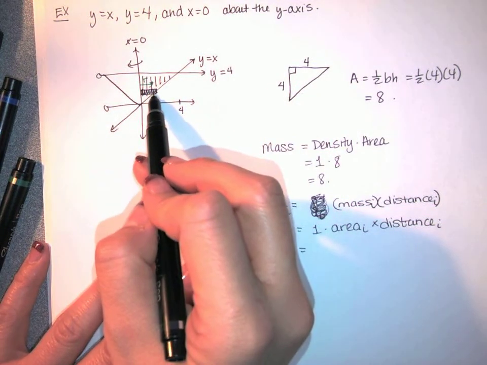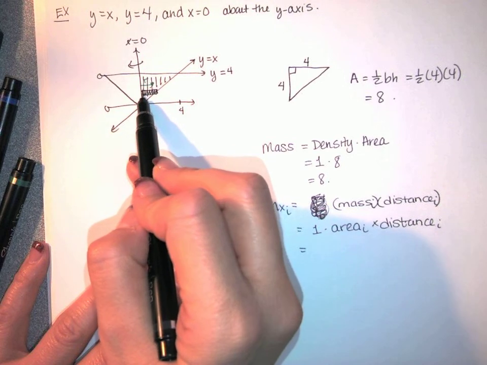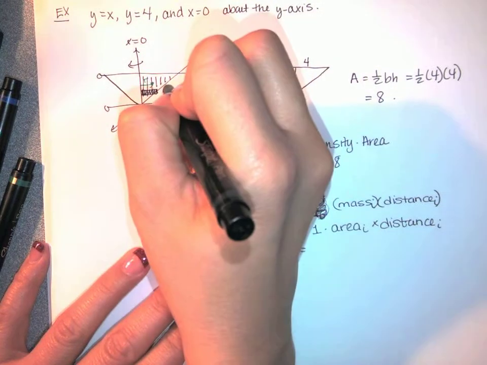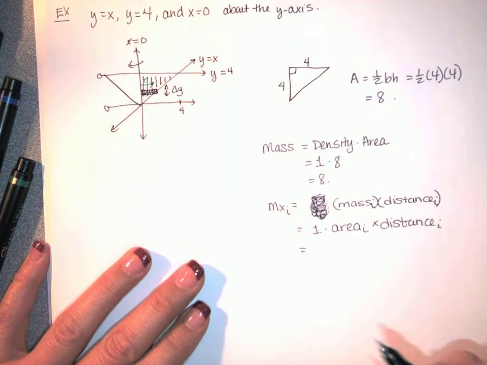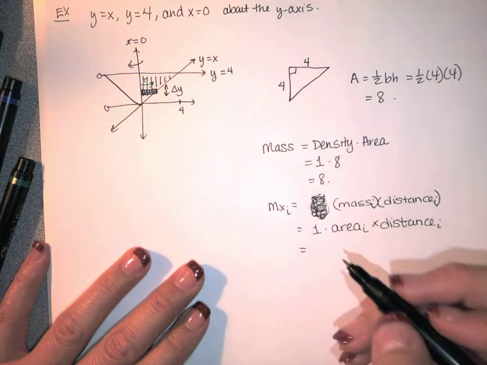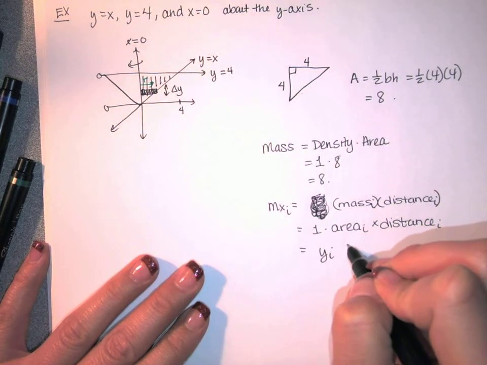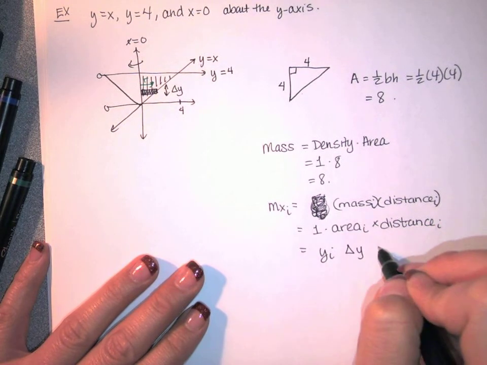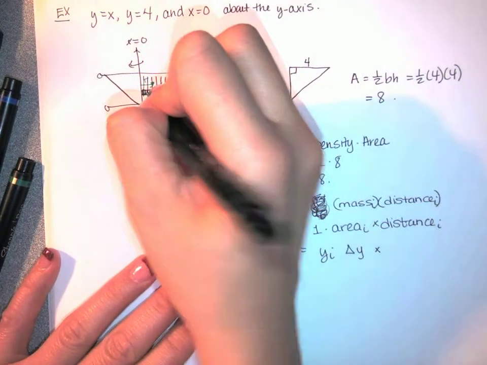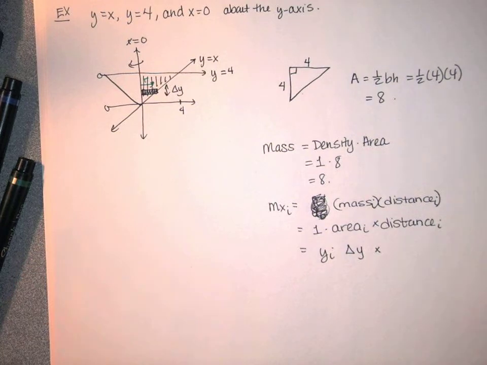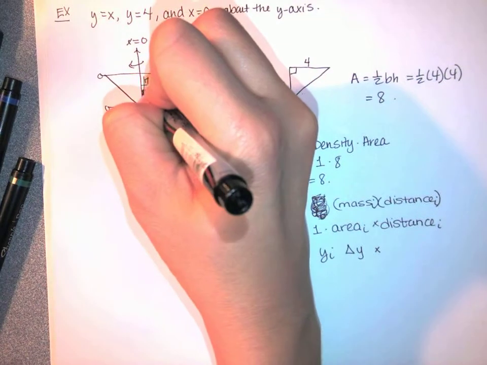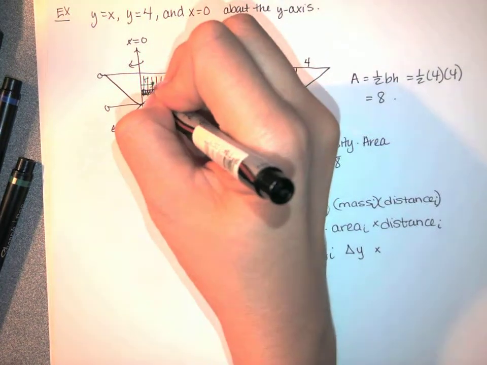Well, in terms of y, that area is just going to be x on the right minus x on the left times delta y. X on the right is just y. X on the left is 0. So area is y times delta y. And the distance to the x-axis is that y value.